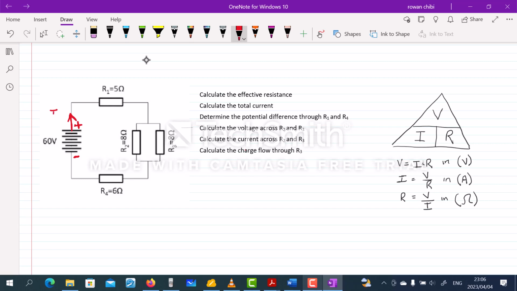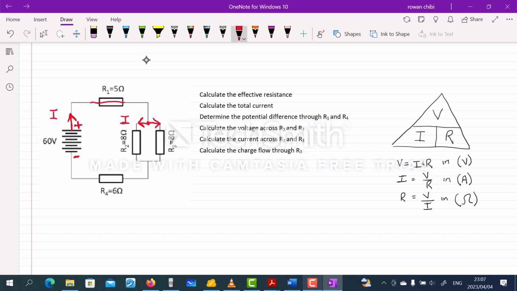So current will come this way from the battery, and then current will pass through R1. And then when current comes to this point, there are 2 resistors in parallel here. So the current will split. One part will go to the left, and another part of the current will go to the right. I'm going to call the current that went to the left, because it's going to the resistor that is called R2, I2.